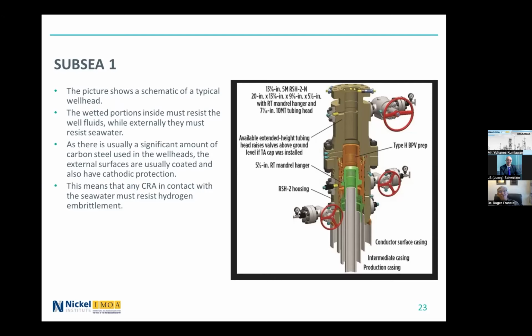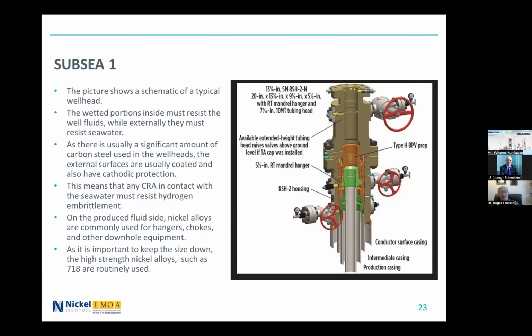So this means that any CRA in contact with the seawater must resist hydrogen embrittlement. On the produced fluid side, nickel alloys are commonly used for hangers, chokes, and other downhole equipment. And as it's important to keep the size down, the high-strength nickel alloys such as 718 are routinely used.